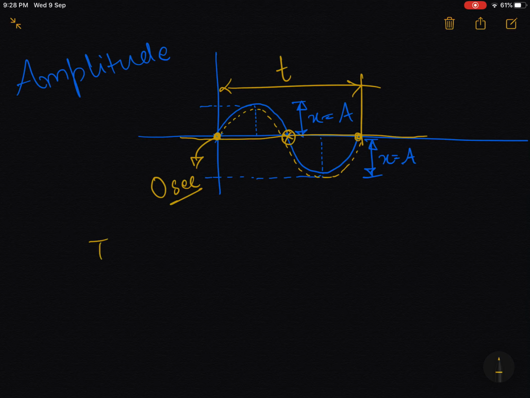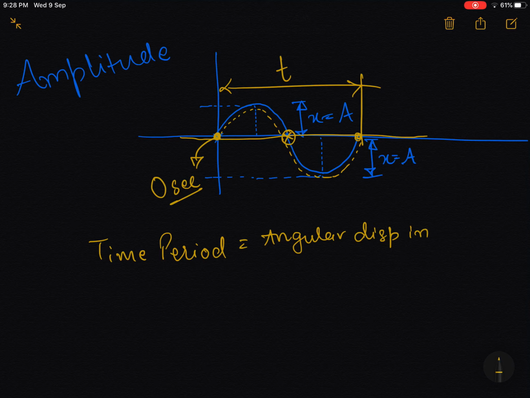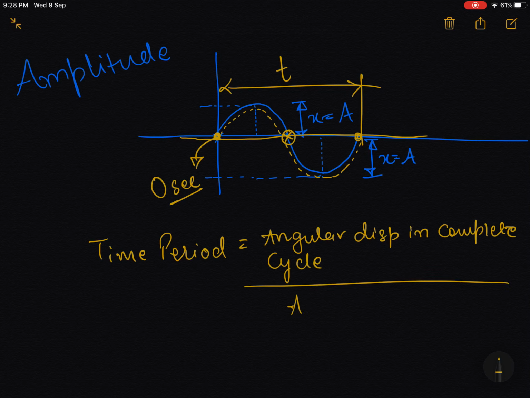Now time period can also be found something like this. You have a formula which you can note down. The time period is always equal to the angular displacement in a complete cycle divided by the angular velocity.